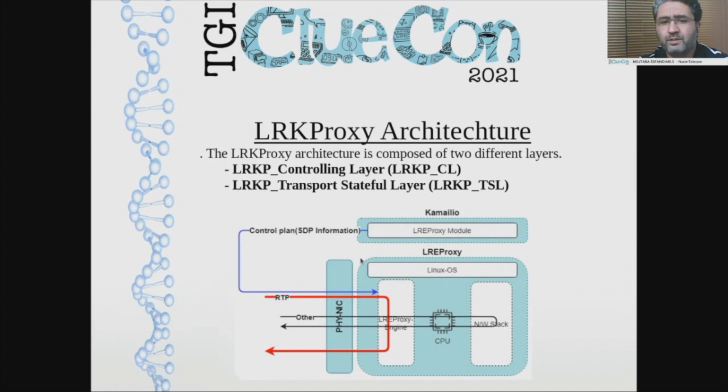The second layer is a different service. You have to install it in your operating system, and it could be a kind of Linux module. You probably install it on the same Kamailio server or on a different server in your network.